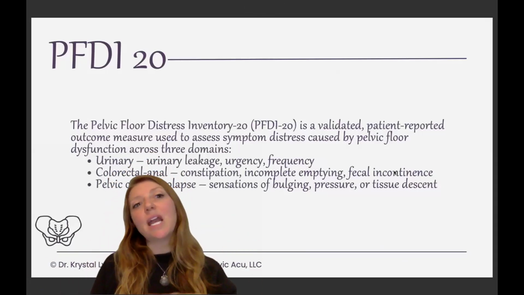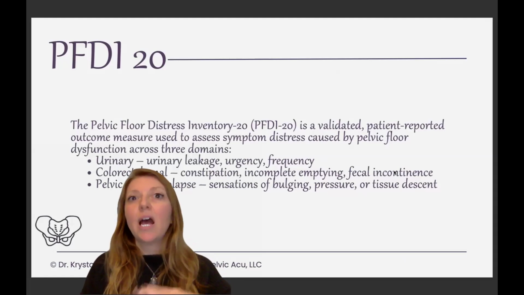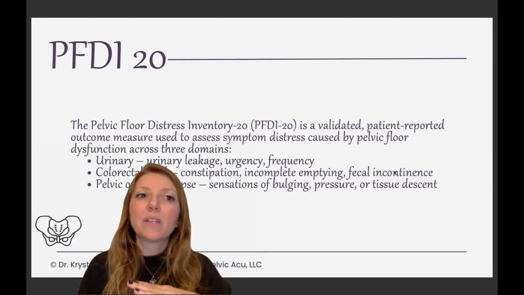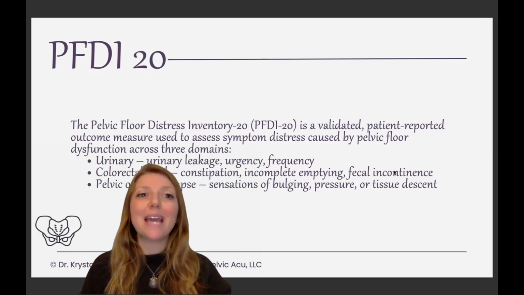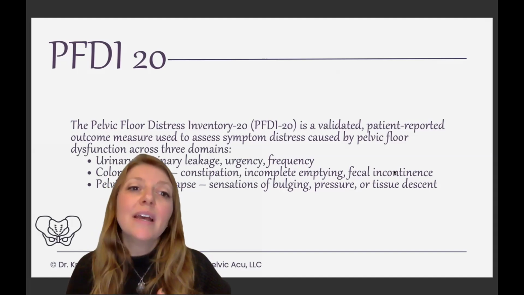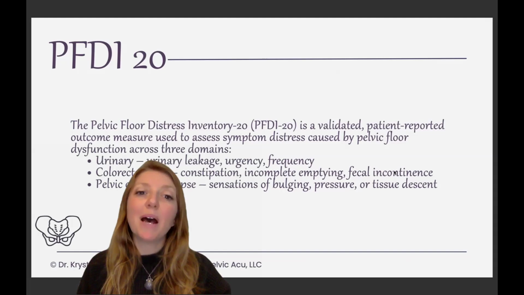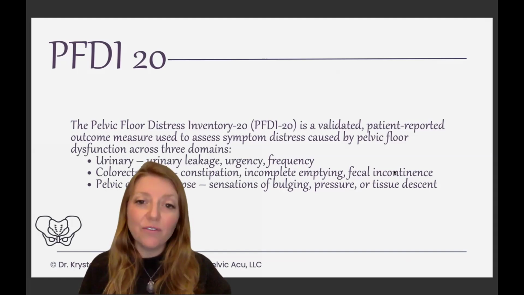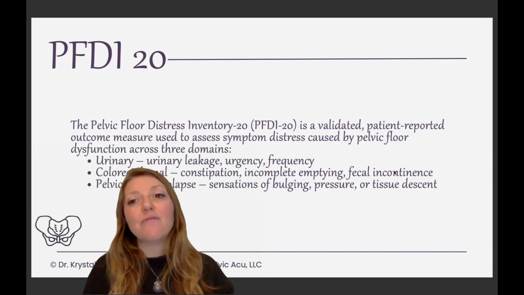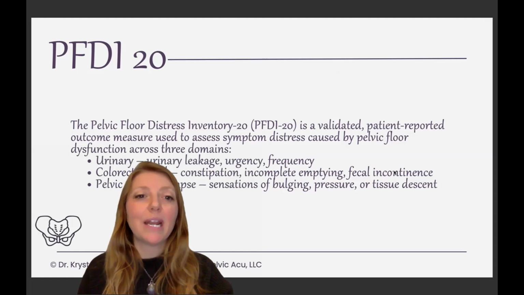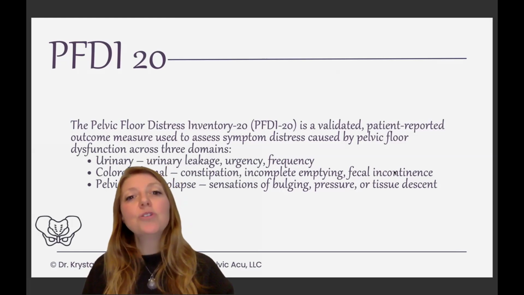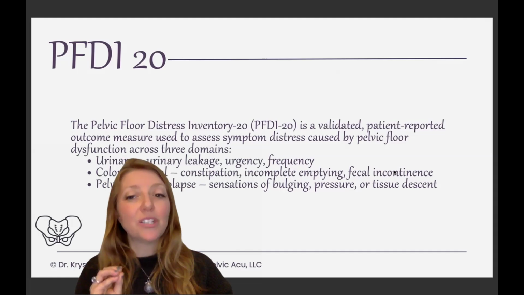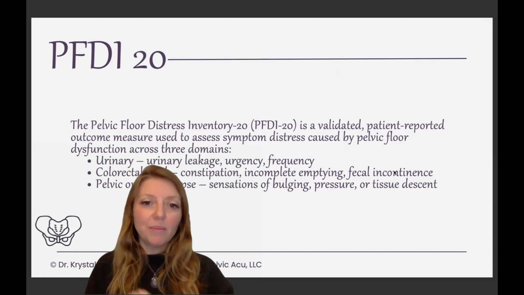The first and perhaps the gold standard of outcome measures is the PFDI 20. The PFDI 20 is the pelvic floor distress inventory. It is a validated patient reported outcome measure. It's used to address symptom distress, which is really important to make that distinction.